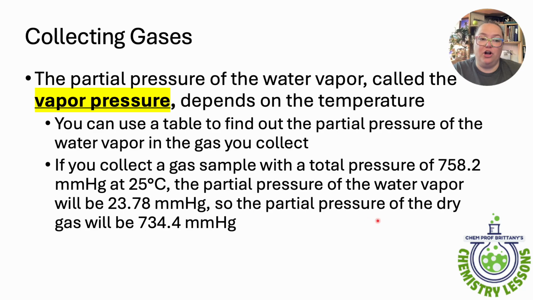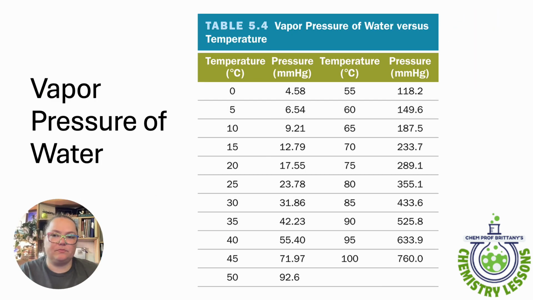So the partial pressure of your dry gas, meaning total minus the pressure of the water vapor, is 734.4. So again, here is a reference table for you. 25 degrees Celsius, here was that partial pressure of water there.